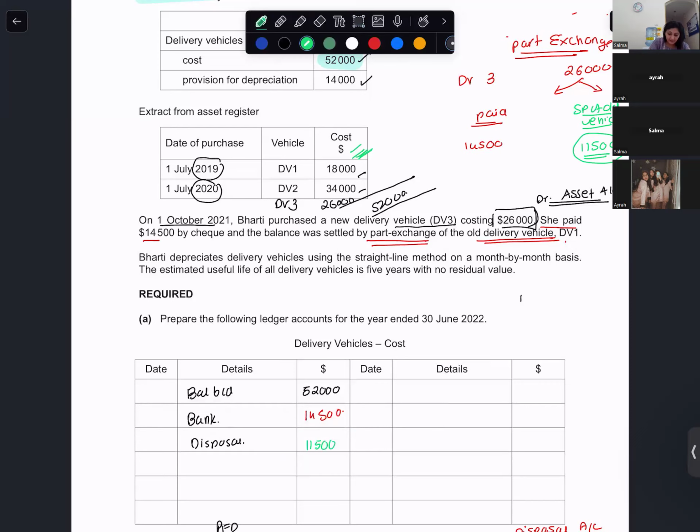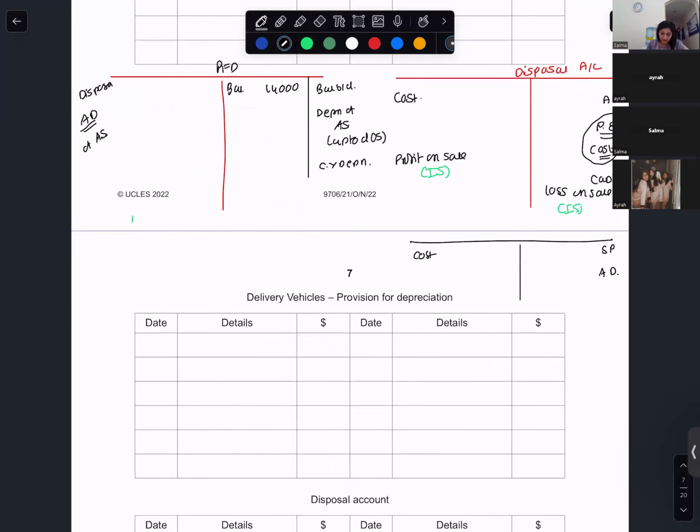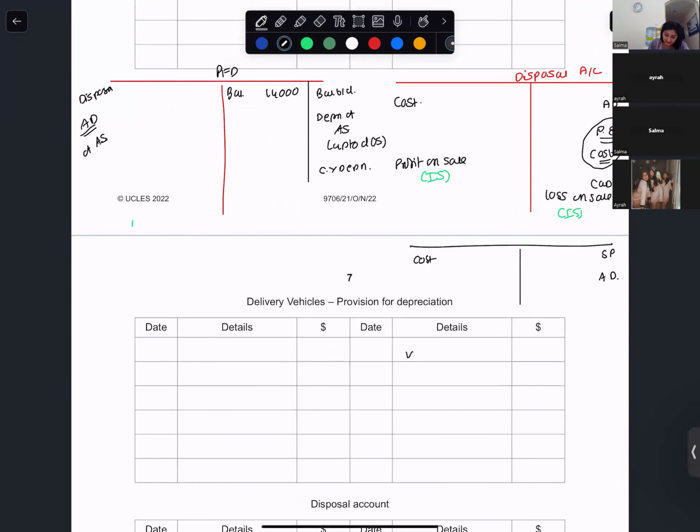All this has happened on what date? This has happened on 1st October 2021. So disposal will happen on the 1st of October 2021. So now let's talk about disposal. Vehicle that was costing how much?